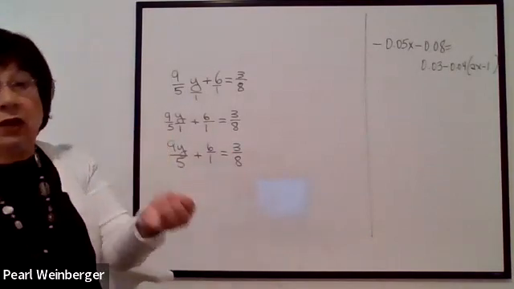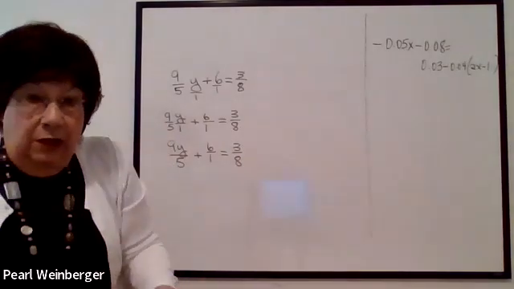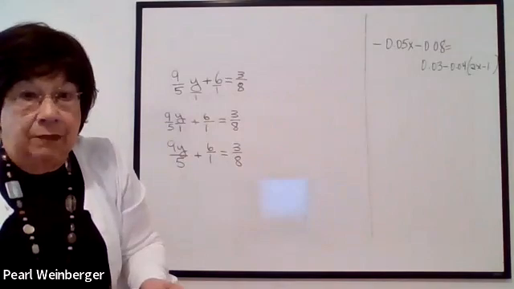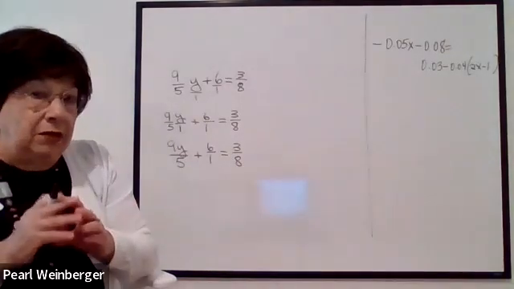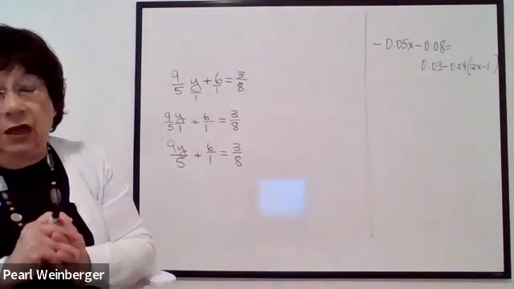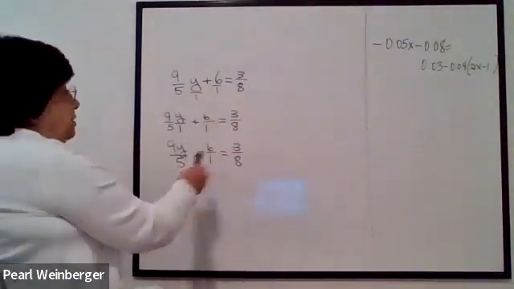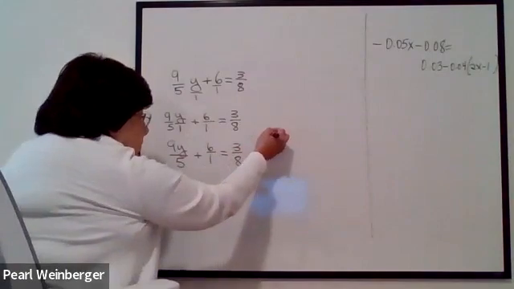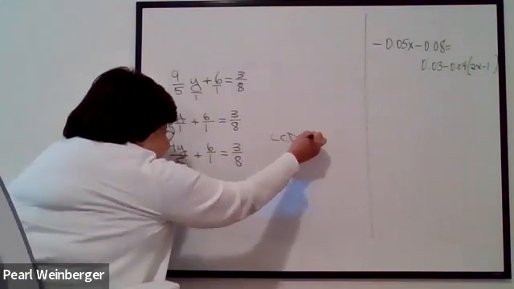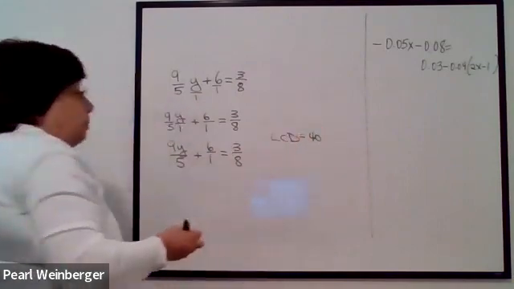Notice 40 is a common denominator. It might not be the least common denominator, but multiplying the numbers together, if they're not too large, is a way of finding a common denominator. In this case, my common denominator, my LCD, my least common denominator, happens to be 40.